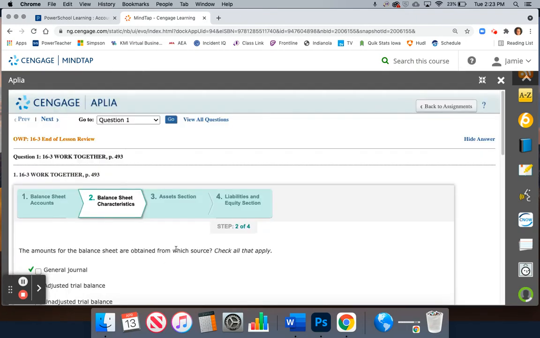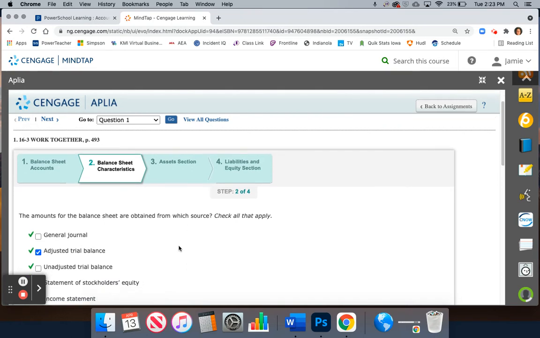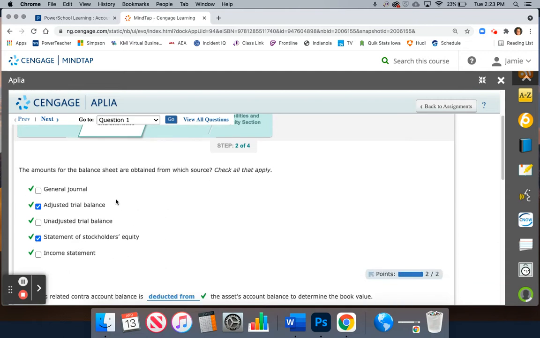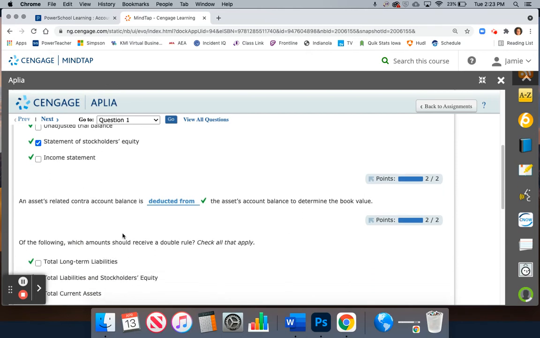Step 2, we are checking the box on where we find these balances. So the amounts for the balance sheet are obtained from the adjusted trial balance and the statement of stockholders' equity. We deduct the contra asset. So it says less, we deduct.